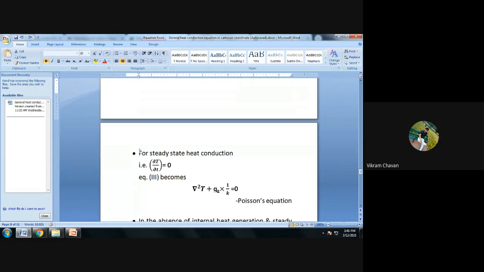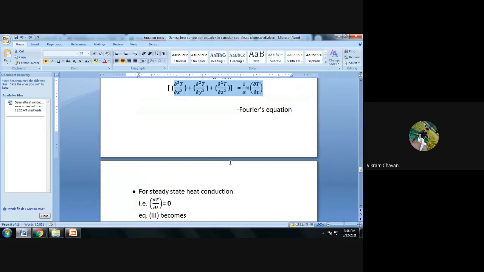So steady state heat conduction is applicable if the temperature is not going to change with respect to time.